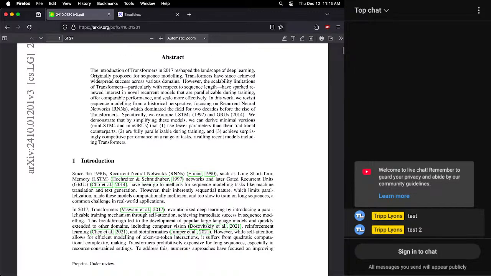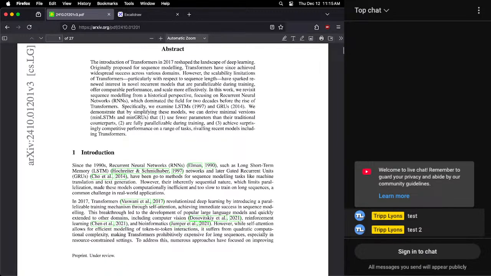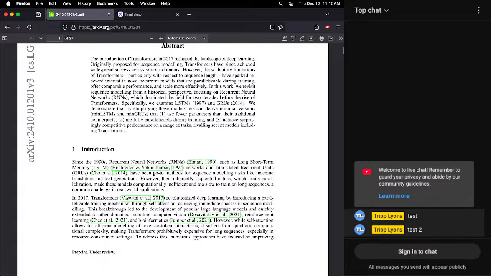Okay, since the 1990s, recurrent neural networks such as long short-term memory (LSTM) networks and gated recurrent units (GRUs) have been go-to methods for sequence modeling tasks like machine translation and text generation.